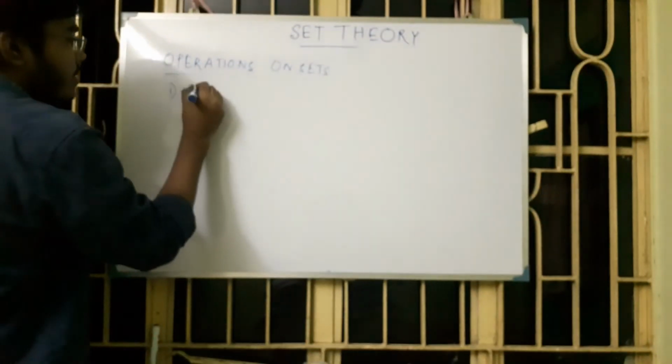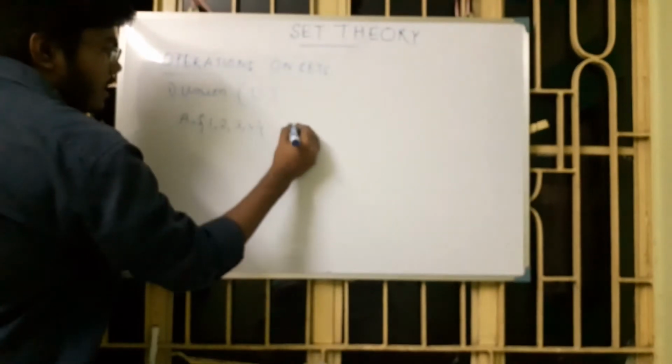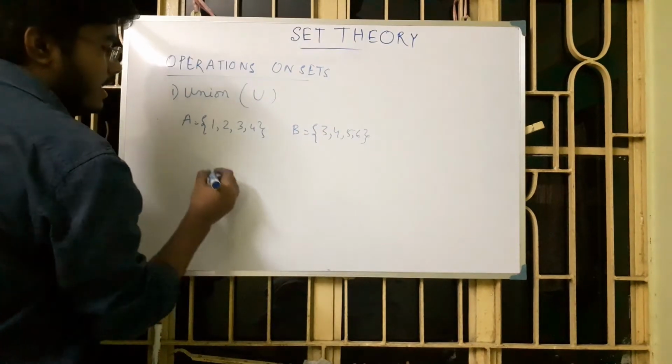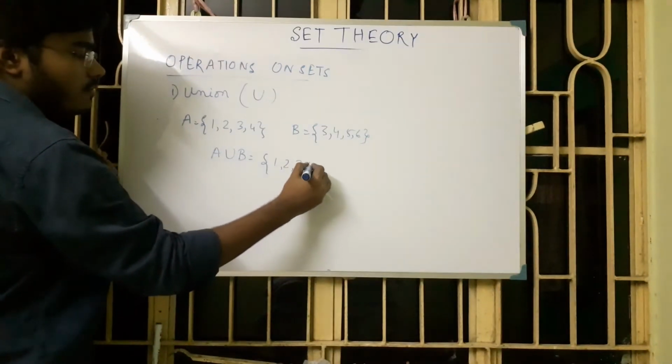First operation, union. Union is represented by the sign U. If set A is {1, 2, 3, 4} and set B is, let's say, {3, 4, 5, 6}, then A union B is {1, 2, 3, 4, 5, 6}.